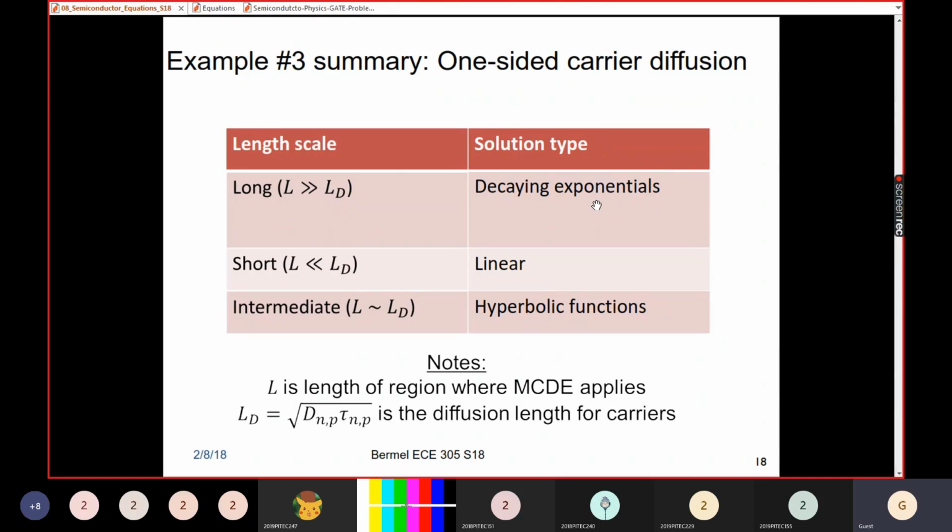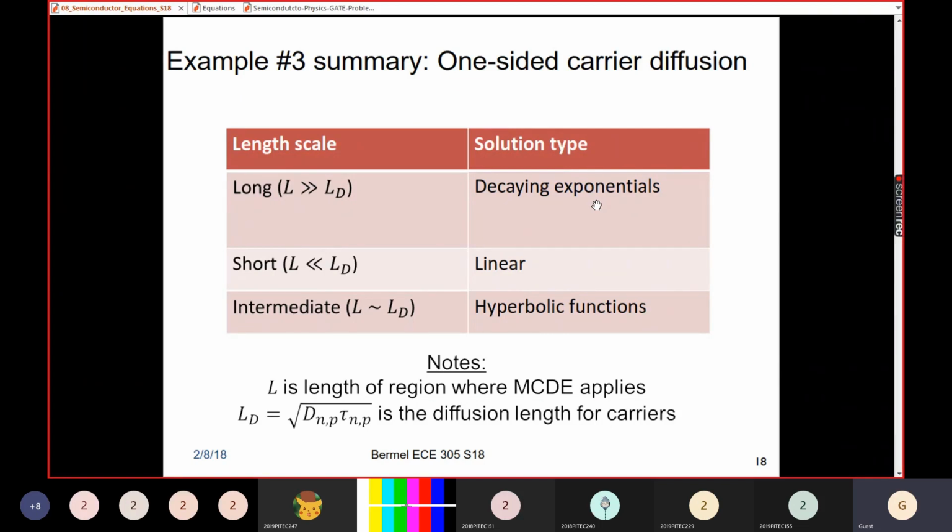In this case, you get the decaying exponential only if the length is greater than the diffusion length. Whereas if the original length is much lesser than the diffusion length, then a linear solution will be obtained. You have to take the linear equation and solve this particular problem.